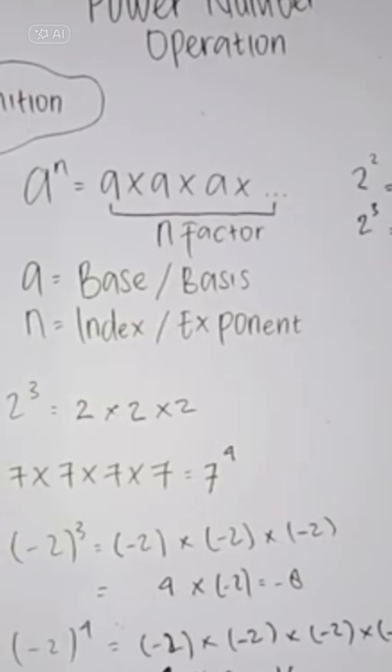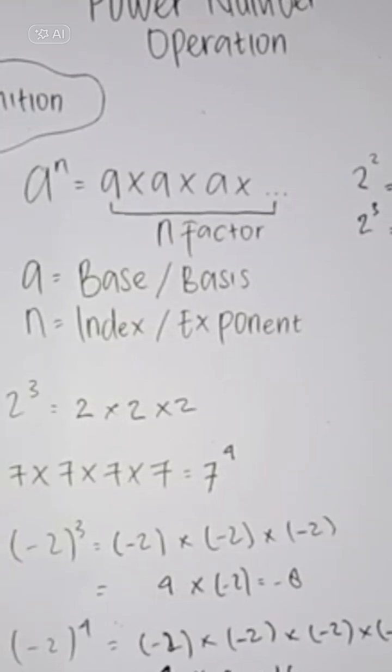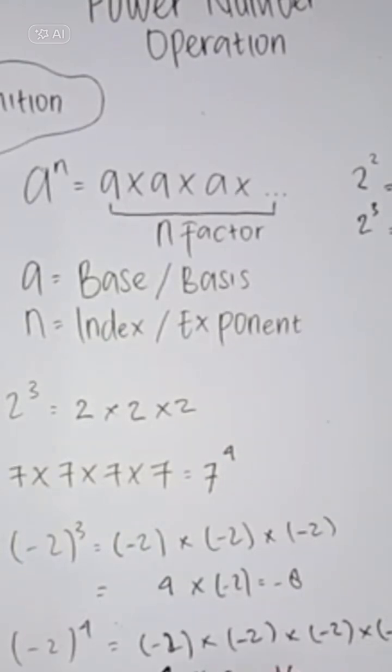Next, if the form is like this, then we only multiply the numbers, not including the negative. The result of the multiplication is 81.